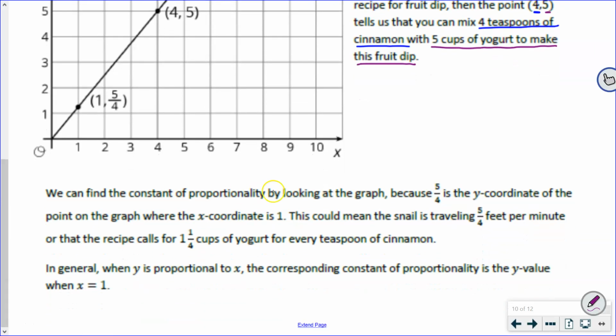We can also find the constant of proportionality by looking at the graph because 5/4 is the y-coordinate of the point on the graph where the x-coordinate is 1. Remember, that also means that's the unit rate.